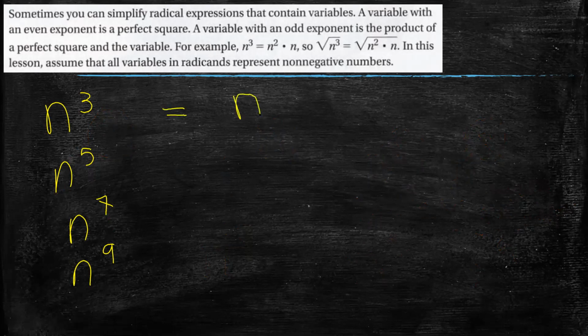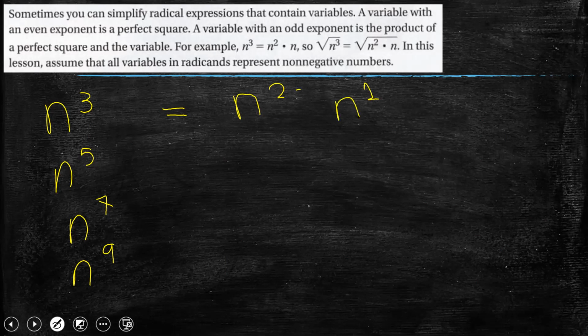Now give me the closest even number to 3. Smaller, 2 and 4. 2. But I want the small one, so I will take 2. Since 3 is 2 plus 1, I will distribute n like this.